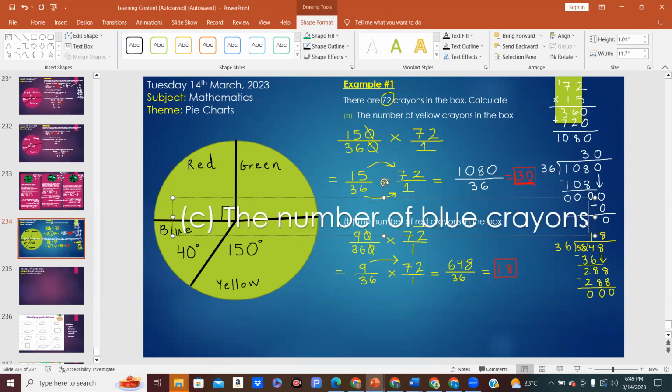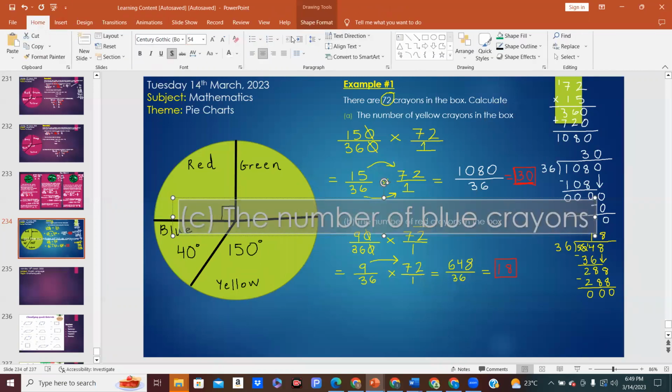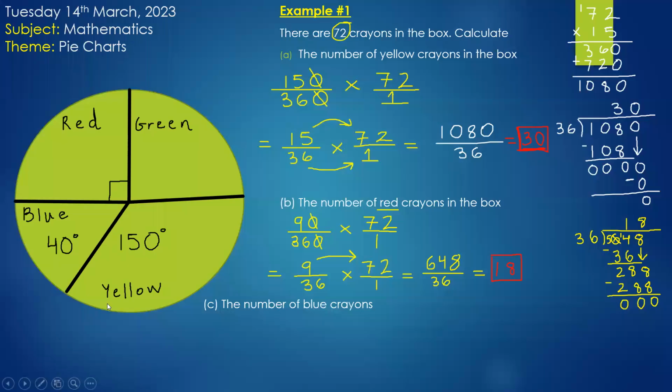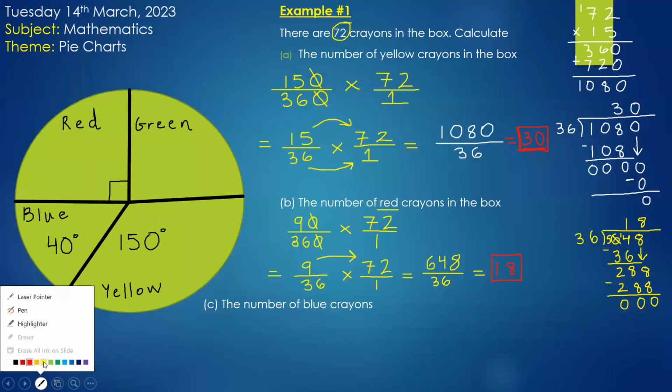So you're going to figure out how many blue crayons are inside the box. All right, so how do we find the number of blue crayons in the box?